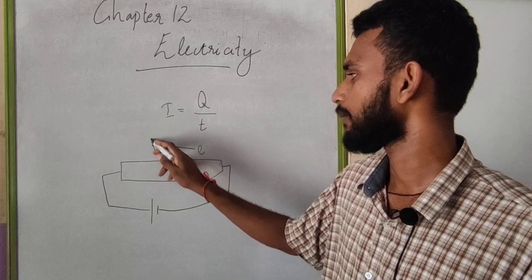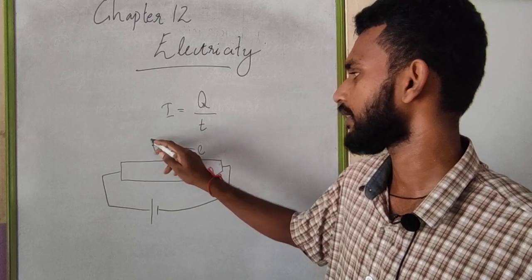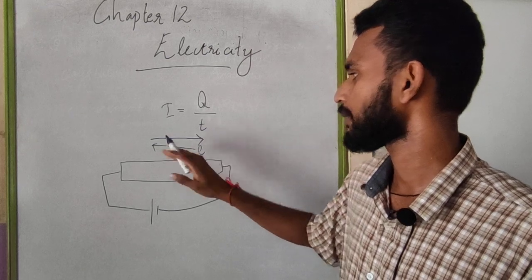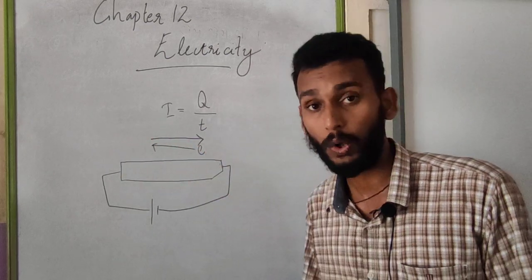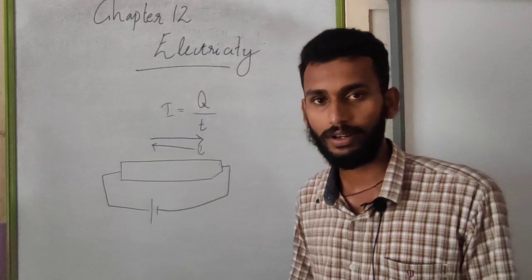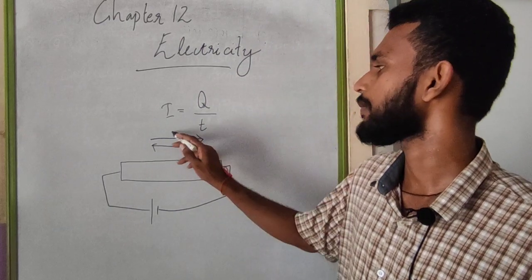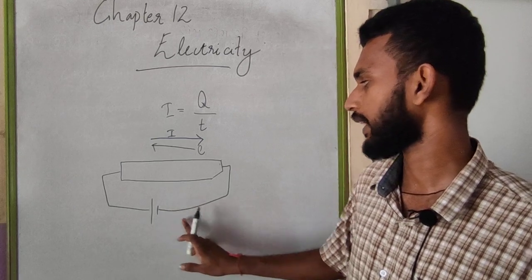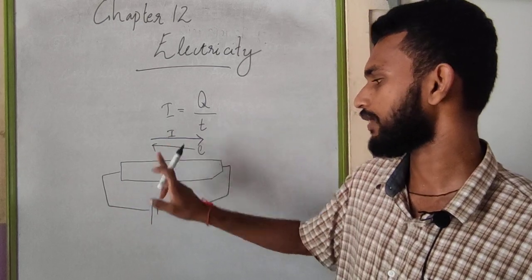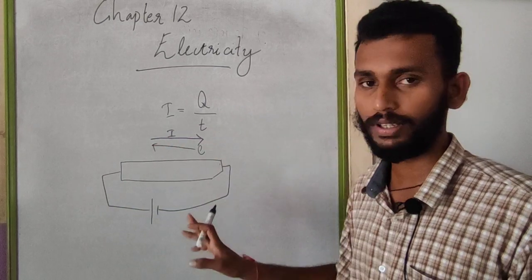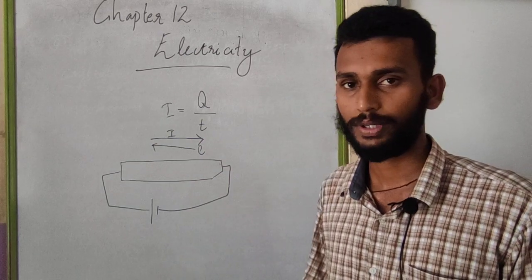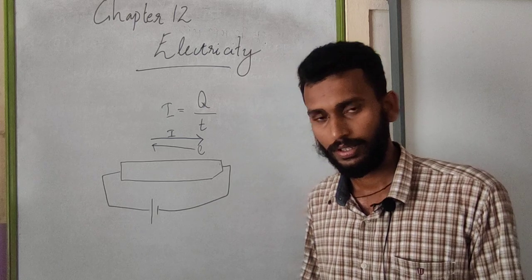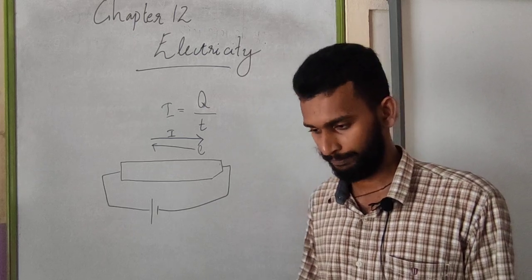That is the positive charge, isn't it? It is holes, actually, which is not there in your textbook. So this will be the direction of current. Electrons flow from negative to positive, and the current flows from positive to negative in the conductor, that is, in the opposite direction of the flow of electrons. You have to remember that.